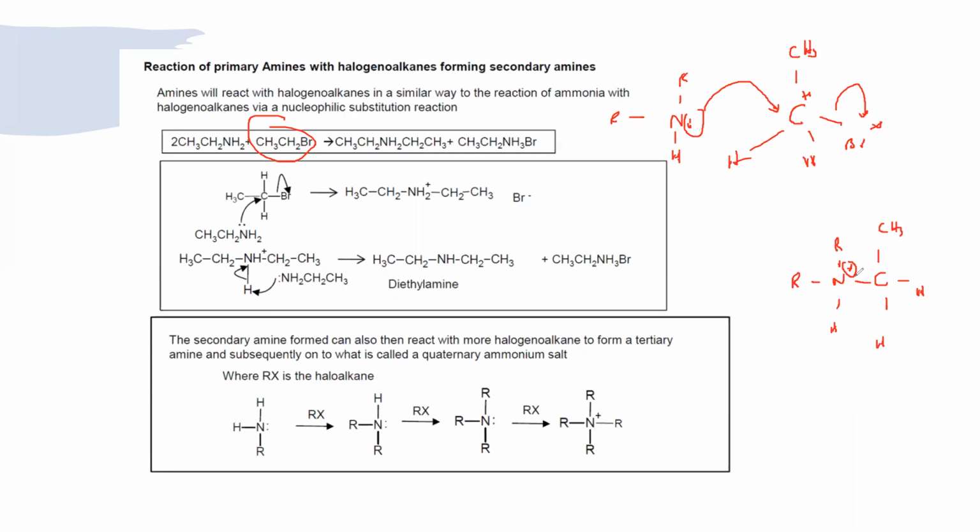To gain stability, nitrogen will take the electron from hydrogen, and again the nitrogen will have a lone pair.